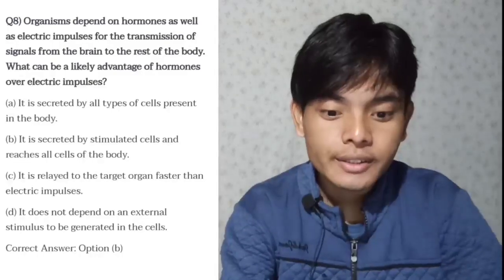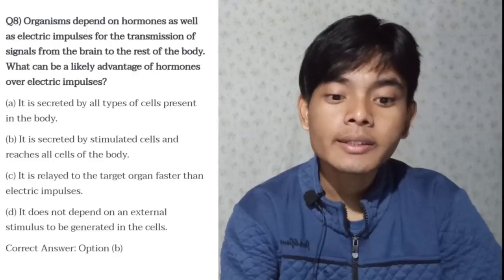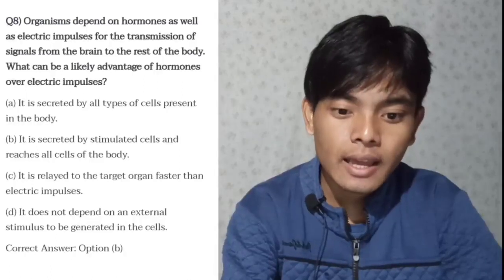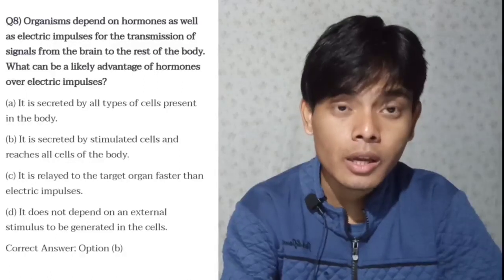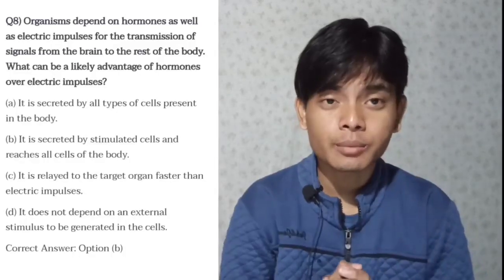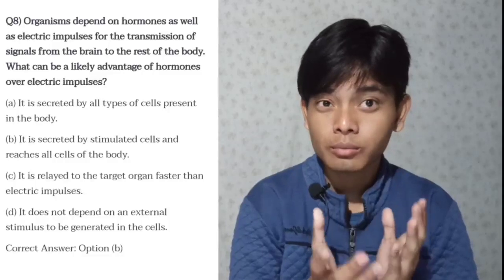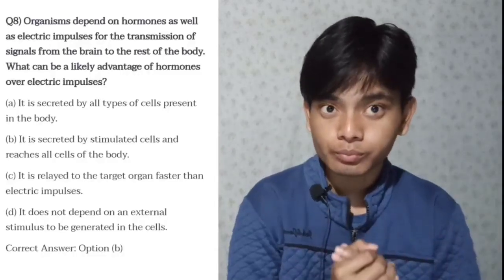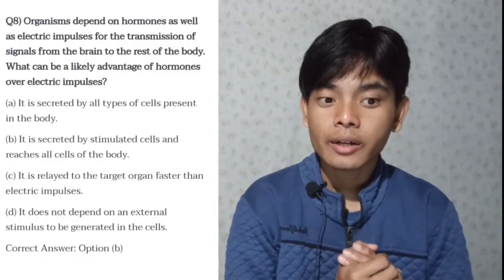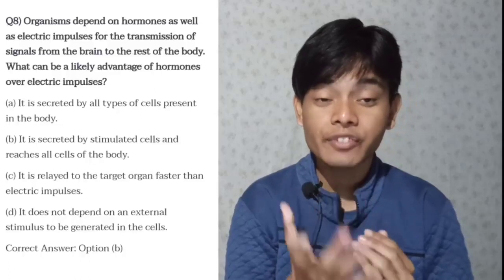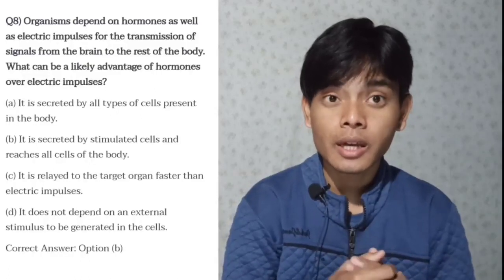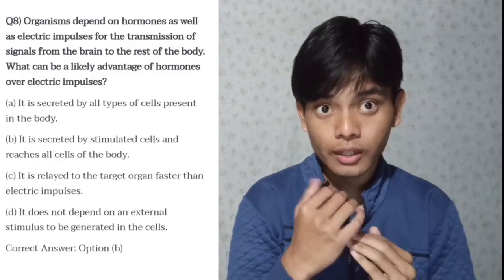So your correct answer is option B: it is secreted by stimulated cells and reaches all cells of the body. Hormones are secreted by stimulated cells and distributed to all the cells of the body, not just one body part, and that is why hormones are more efficient than electrical impulses at transporting information.